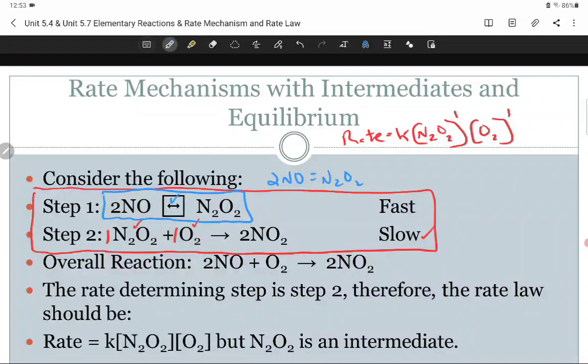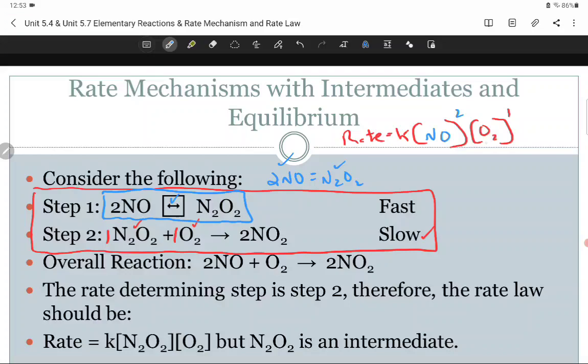So what does that mean? Wherever we have this, we could put that. So wherever we have the N2O2, we could put NO, but the coefficient of 2 would be a power of 2.